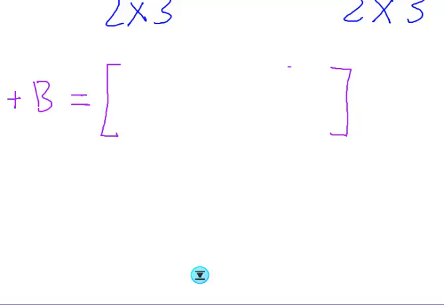All you have to do is go to row 1, column 1 in matrix A, and we have 0. We are going to add row 1, column 1 in matrix B. So it's 0 plus negative 2. Row 2, column 1 is 7 plus 10. Then we have 8 plus 12.